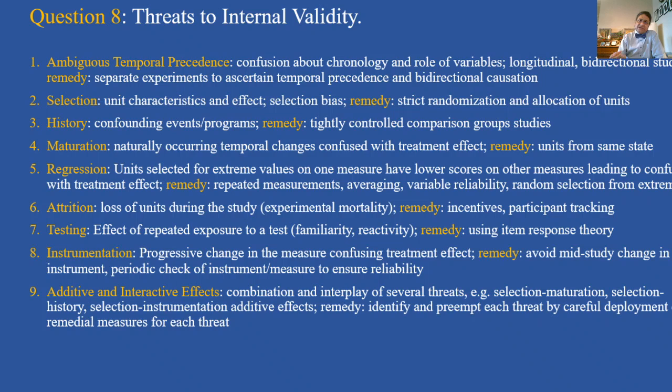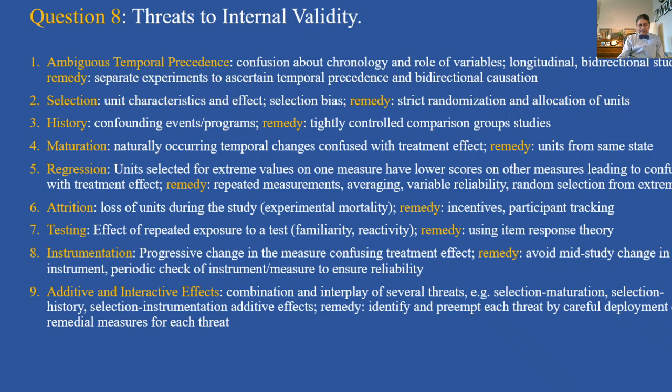Threat number 7 is testing. It's a fairly common cause of concern in research and occurs due to familiarity and specific reactivity to a test due to repeated exposure to it. So, taking a test repeatedly, one would have a specific enhanced effect outcome to that test.